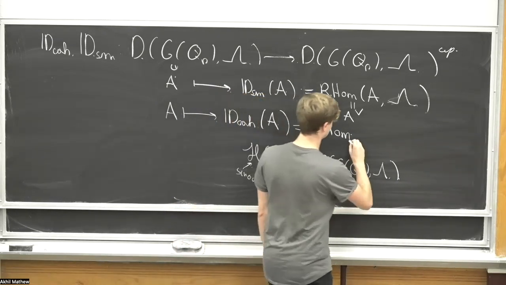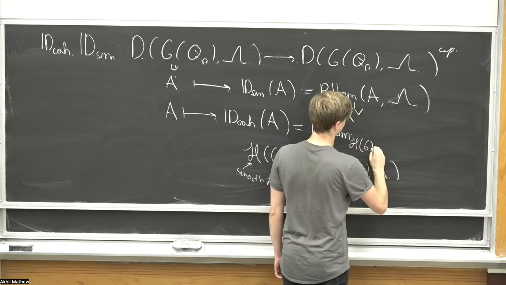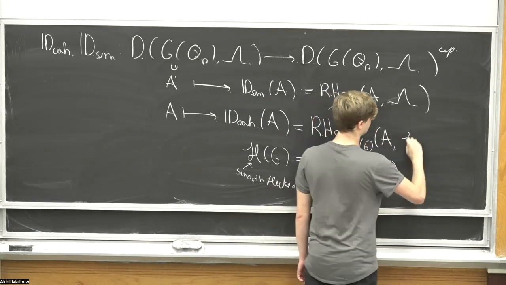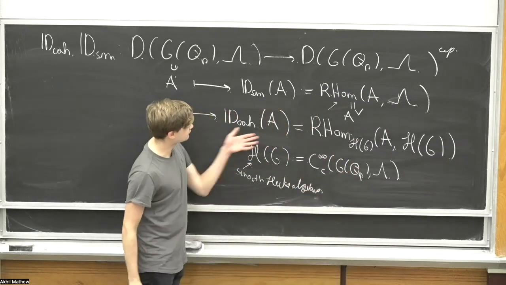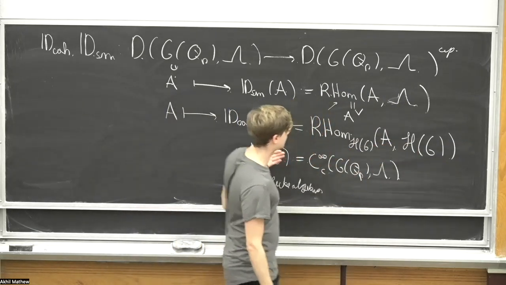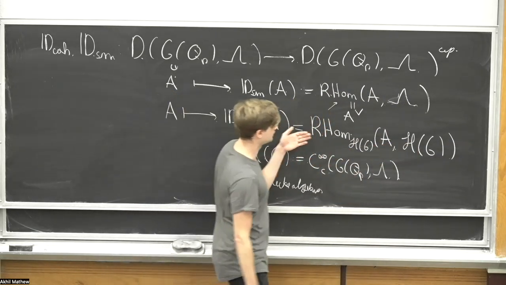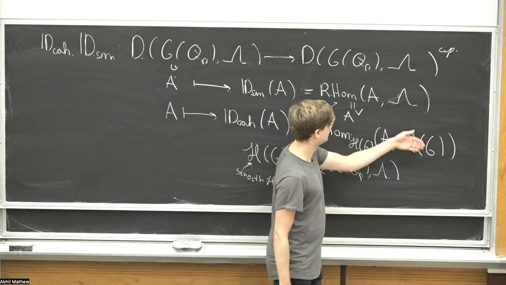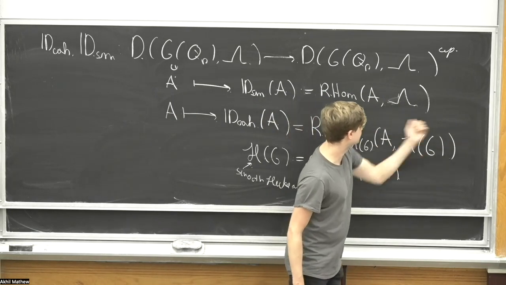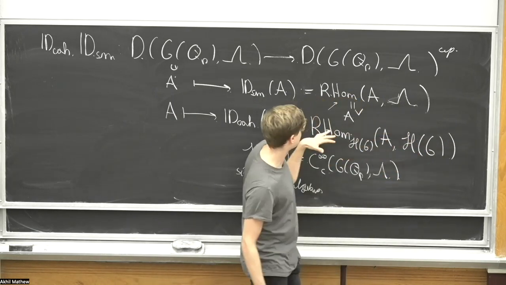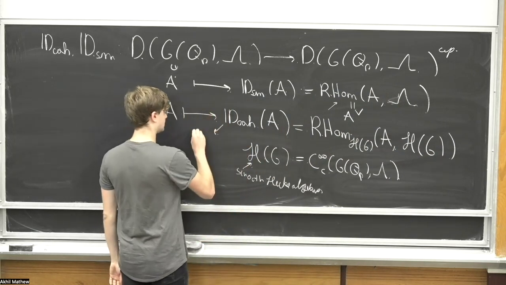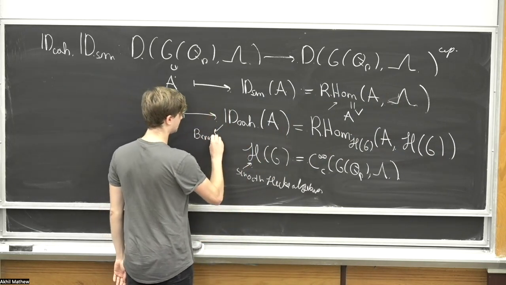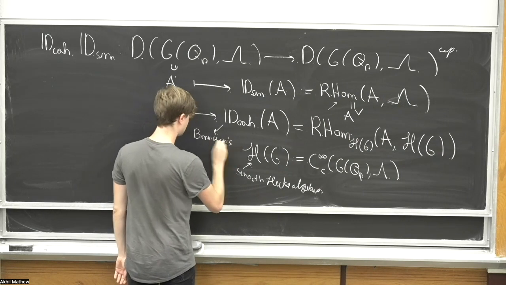And we can take the Hom module from A towards the Hecke algebra. So this is some kind of regular representation. So it has a left action and a right action by G(Q_p). And so when you take this Hom, you're going to forget one of those actions, but there'll still be some leftover action. And so this will have some structure of a G(Q_p) representation. And this is what's known as Bernstein's homological duality.